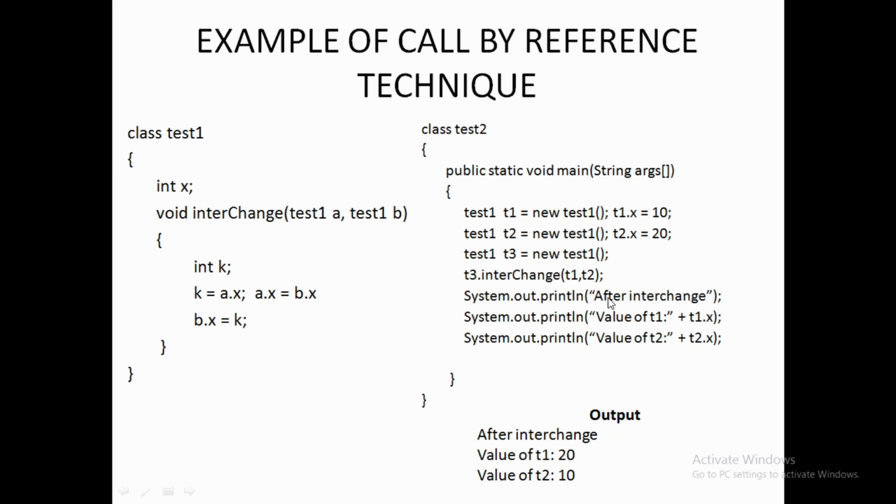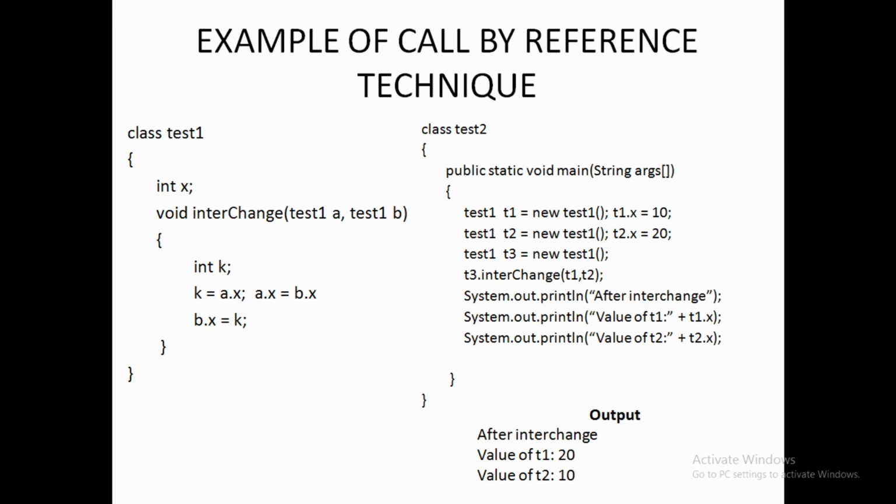Now after the function calling is done, that means the body of the function gets executed, if we see the values of the objects in the output, I have displayed the values of the objects.